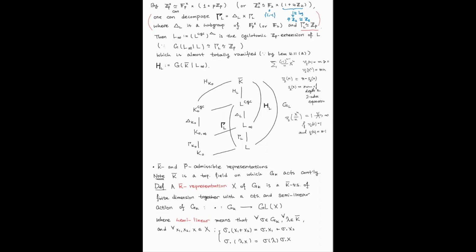I think so. The bold gamma L is the image of gamma L in Zp cross. Yes. If you have a subgroup of Zp cross, it's kind of clear that it must be of finite index.